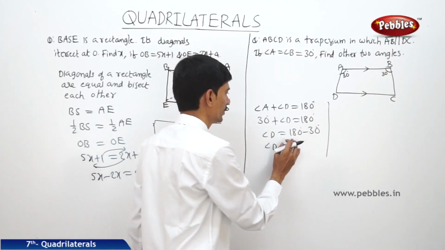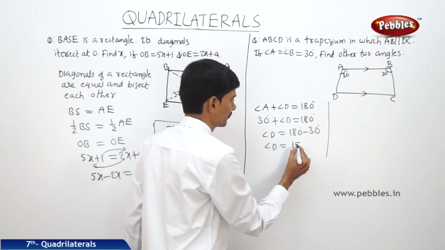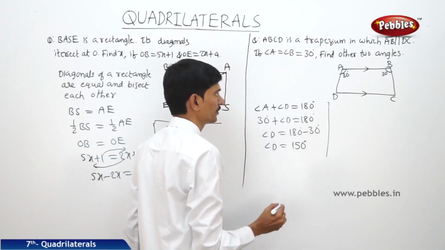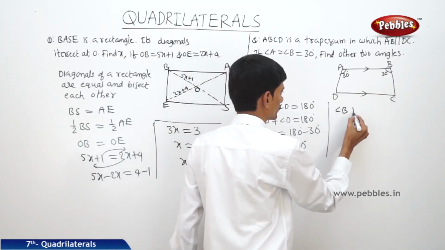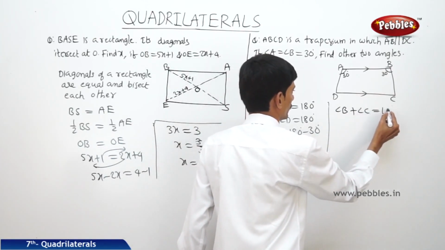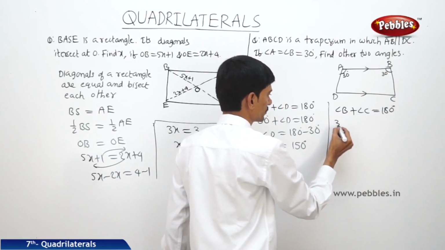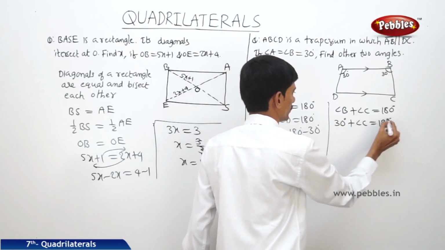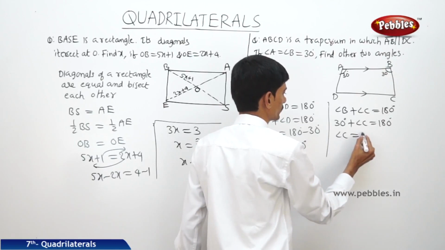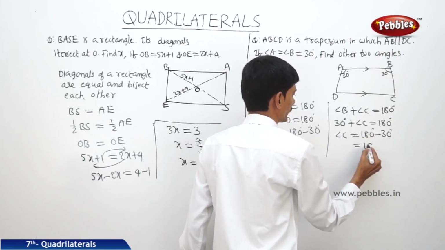So angle D equals 180 minus 30, which is 150 degrees. Similarly you can find the value of angle C. Angle B plus angle C equals 180 degrees. Angle B is 30 degrees, so angle C equals 180 degrees minus 30 degrees, which equals 150 degrees.